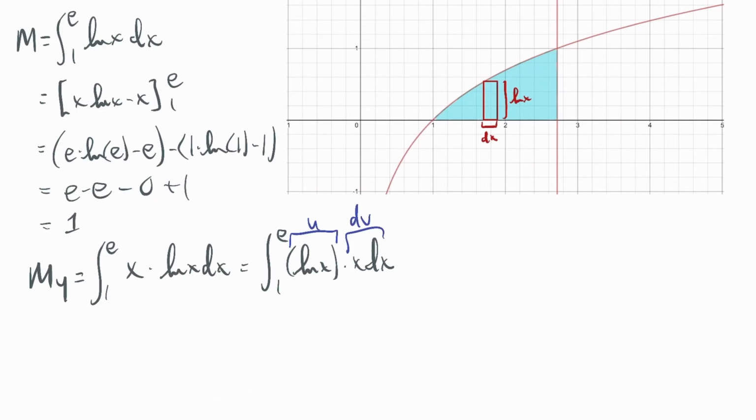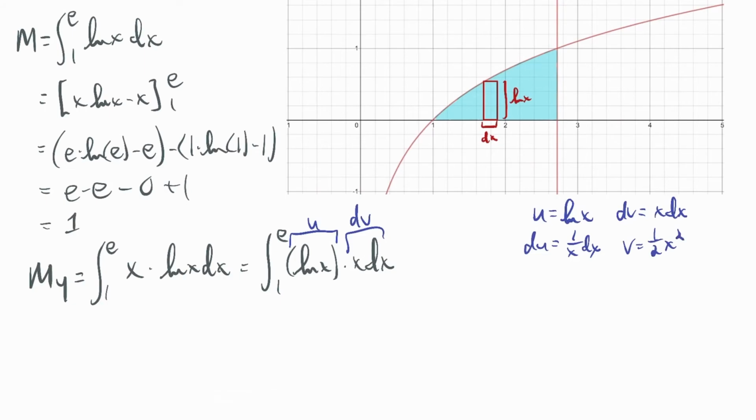So u equals ln of x, dv equals x dx. So du equals 1 over x dx, and then v equals 1/2 x squared. Okay.